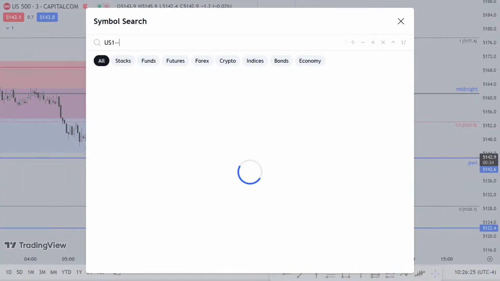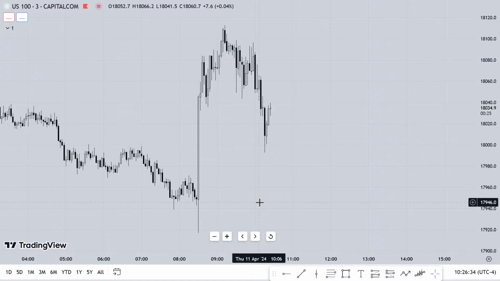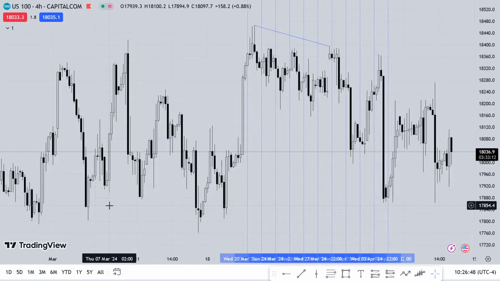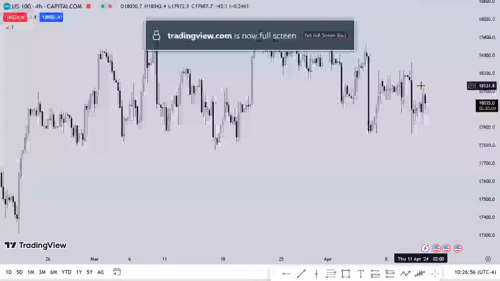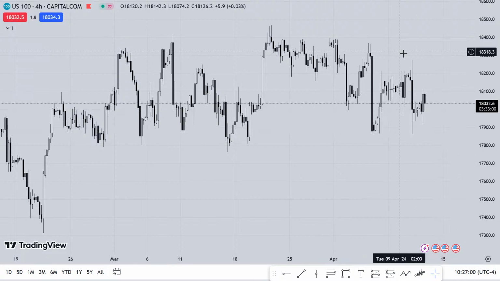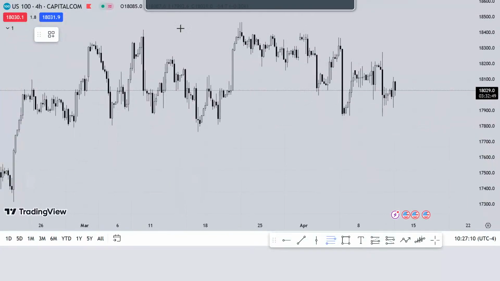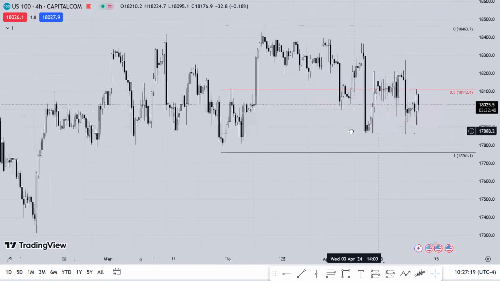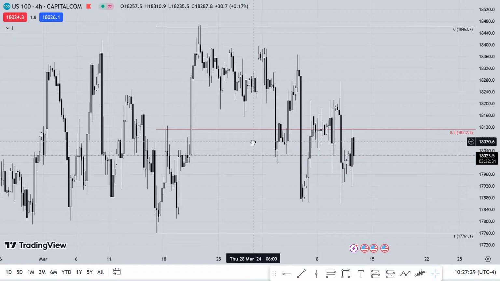Let's check the Nasdaq, that is the US 100. Price action has been ranging since around 9 p.m. So these are the swing highs, projecting to the swing lows.